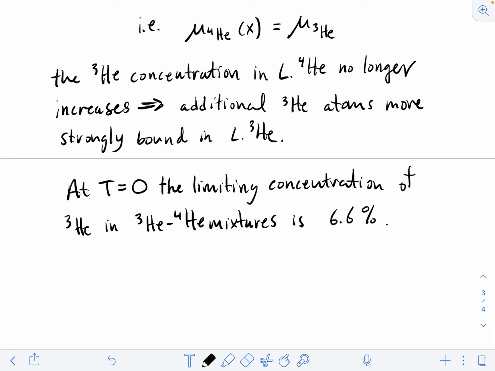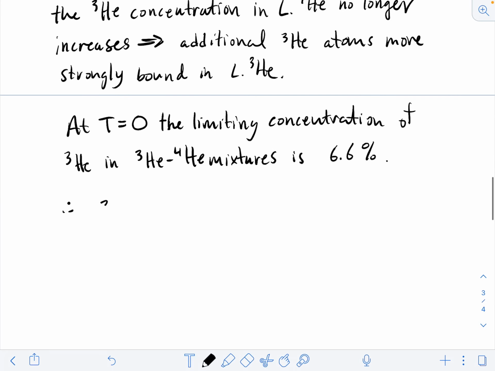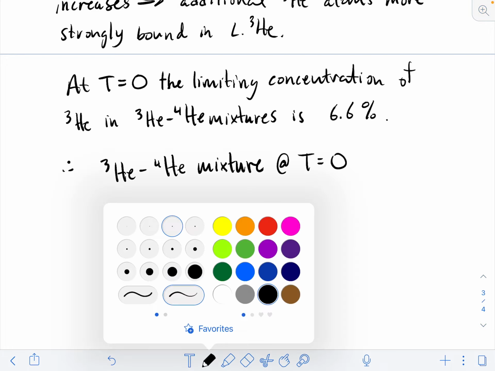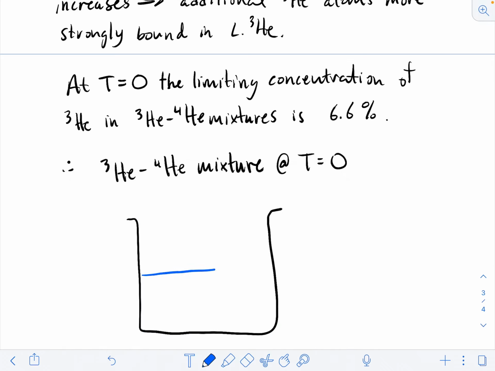Okay, so therefore what we get is the following type of picture. This is the mixture at T equals 0, and so down here, maybe we're going to have a layer of liquid helium-4 with 6.6% helium-3.